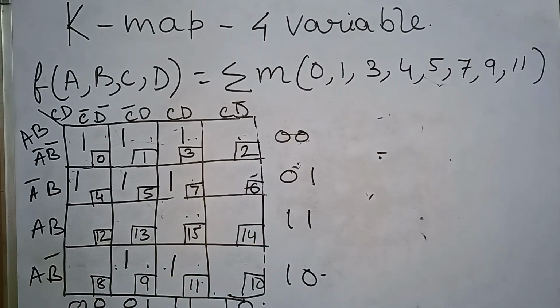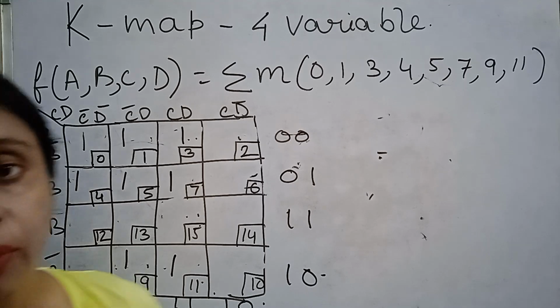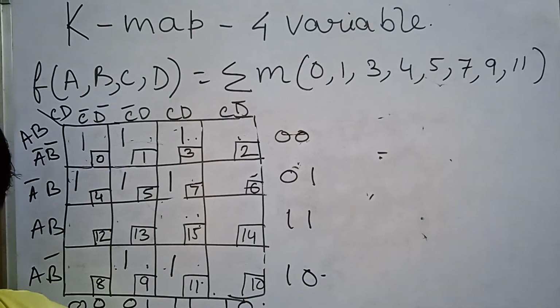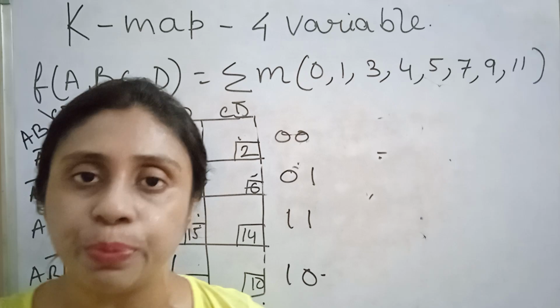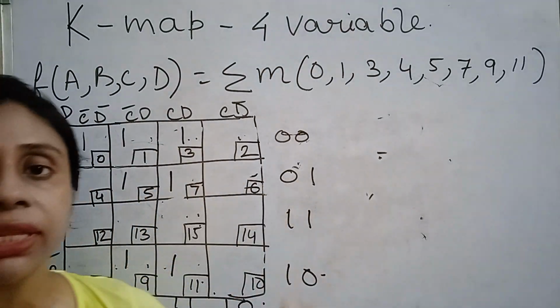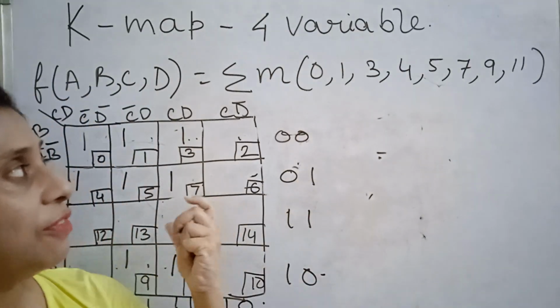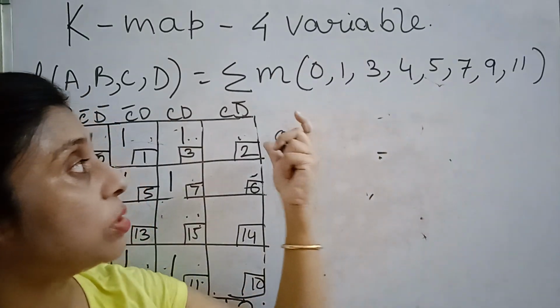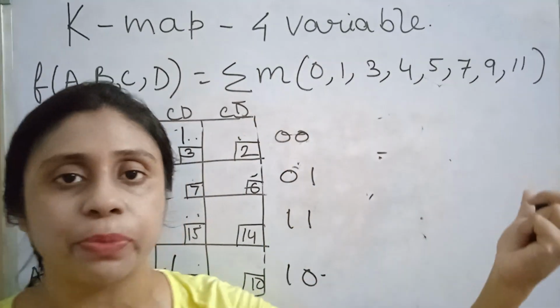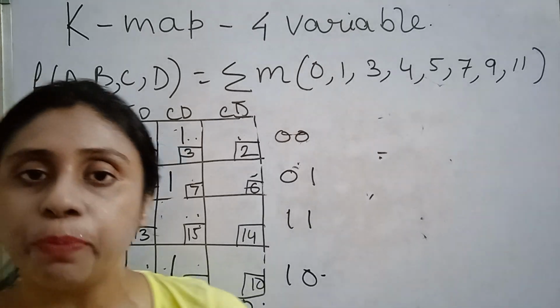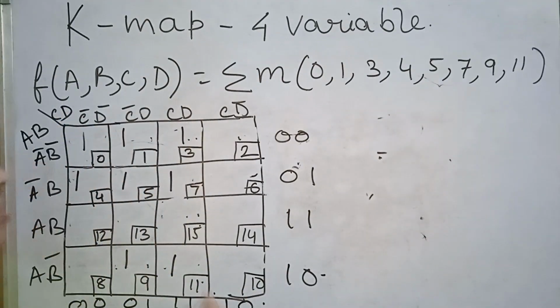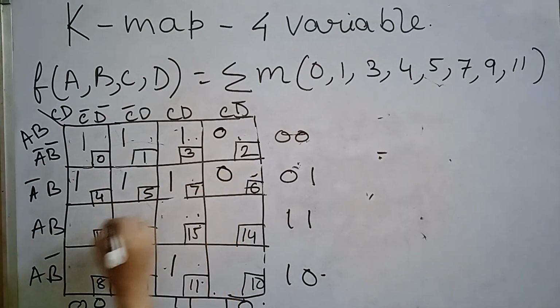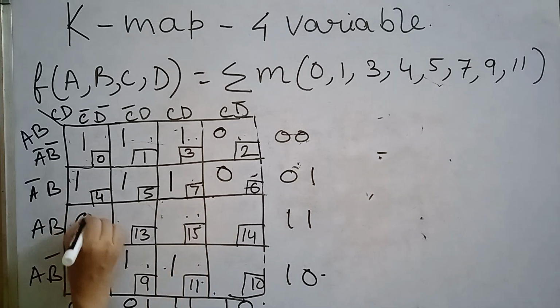Right? So this is the first step of Kmap. What are the steps of Kmap minimization? First, we need to put the values in the boxes. That means the boxes which are mentioned in the min-term expression, in those boxes we will put 1, and in all other boxes we need to put 0. So this is our first step.